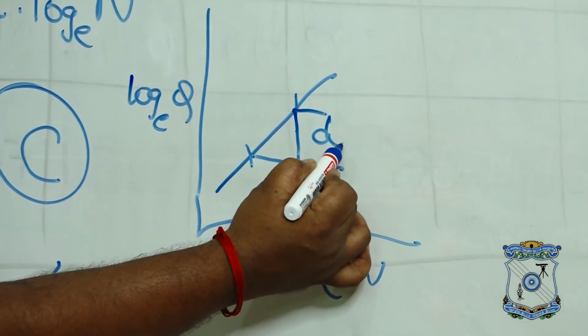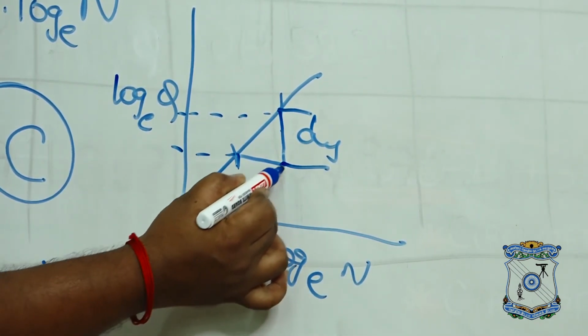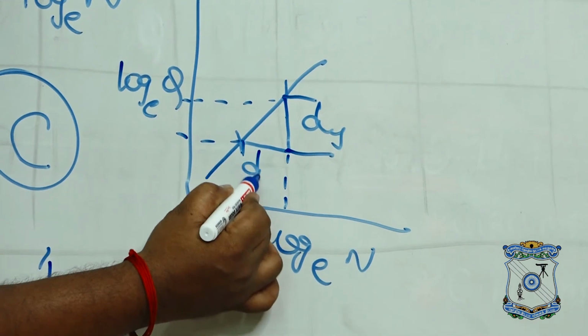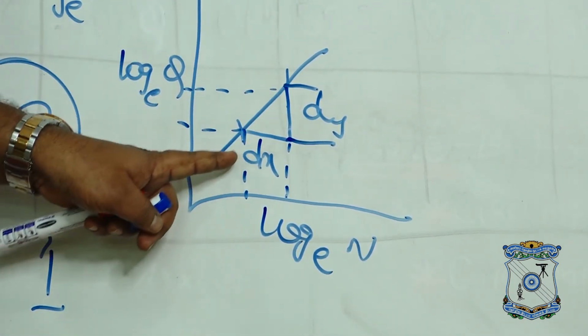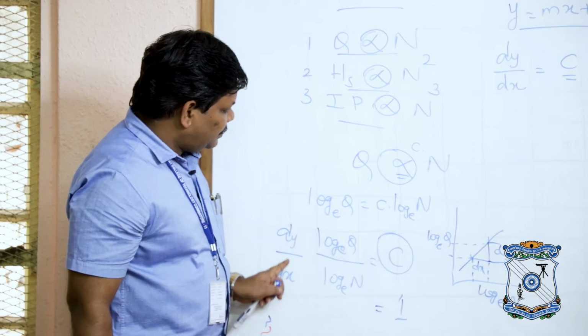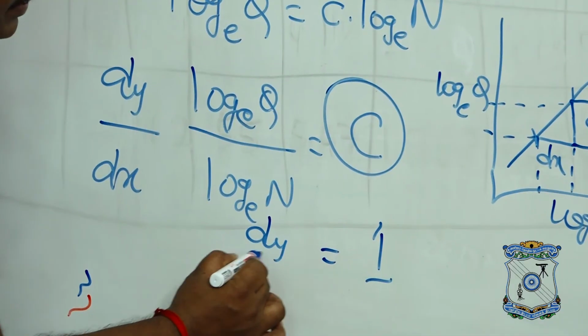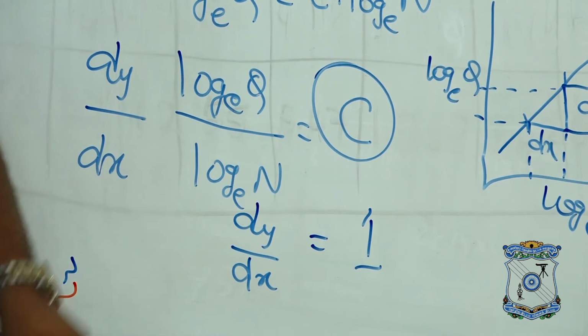Let this be dy and this be dx. You have to make an adjustment on this line such that dy by dx should be equal to 1.